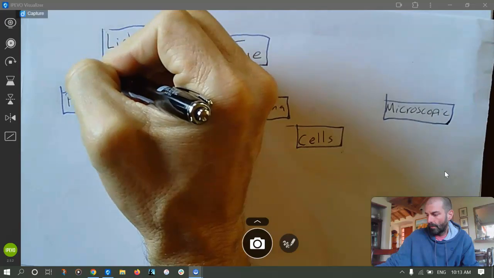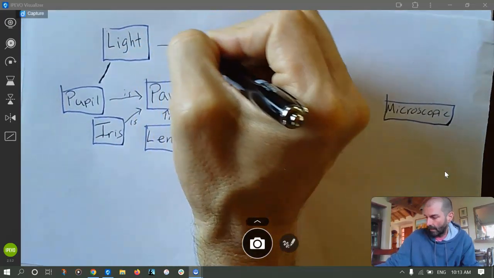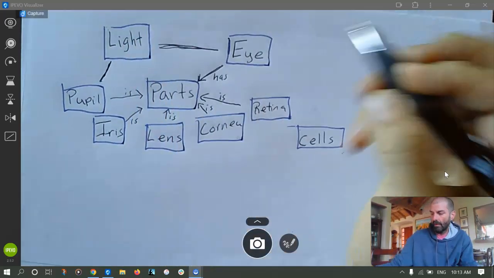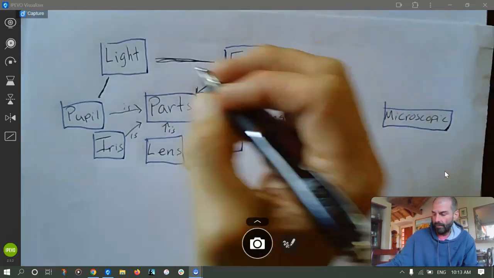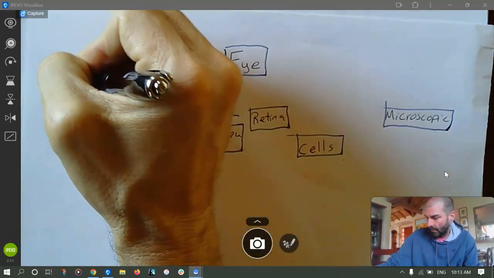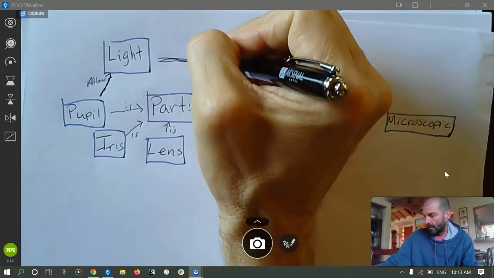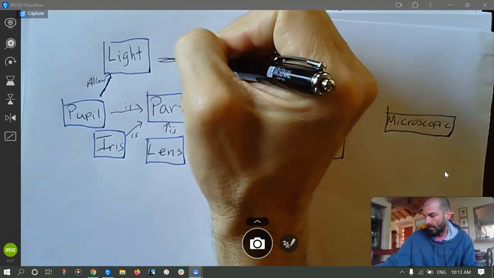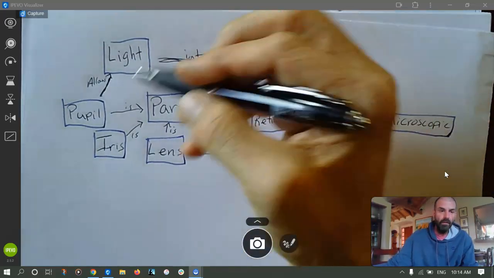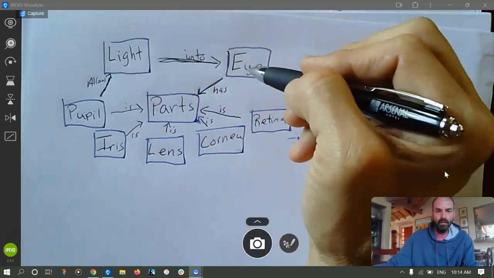The pupil does something with light, and then that light goes into the eye. So now I want to explain the pupil. So the pupil allows light, and light goes into the eye.